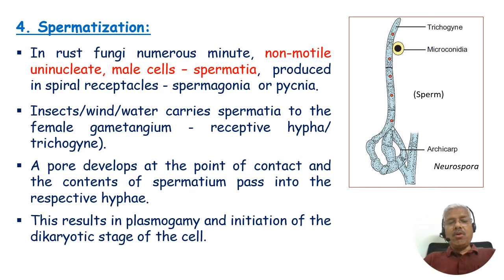Insects, wind or water carry these spermatia to the female gametangium, which is usually a special receptive hypha or a trichogyne to which they become attached. A pore develops at the point of contact and the contents of the spermatium enter the receptive hypha. This results in plasmogamy and the initiation of a dikaryotic stage.